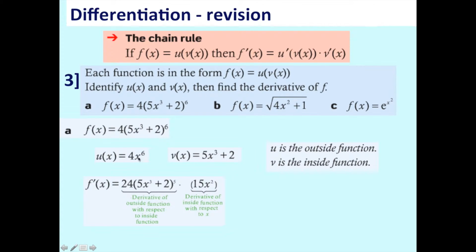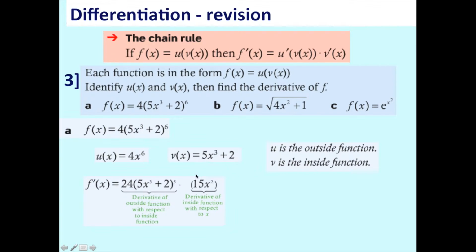So we then need to find the derivative of this function, which is just 6 times 4 is 24, x to the power 5, but we've actually got a v of x here, 5x cubed plus 2. So we substitute that back in, then we multiply that by the derivative of v of x, which is 15x squared.